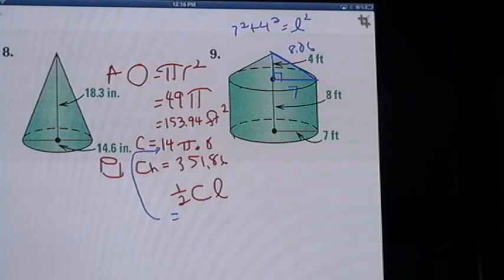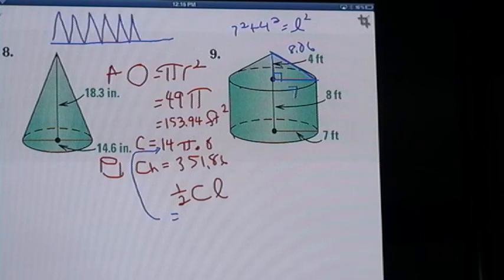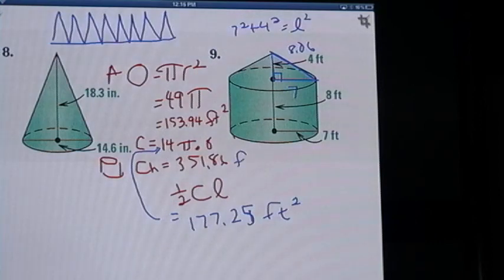And that's because when you stretch out that cone, it's going to be a bunch of small triangles like that when you pull it apart because it's curved. And that's why it's 1/2. So we have 177.25, sorry, it's 248, so it'd be 25 when you round it, and that's going to be in feet squared. So everything is in feet squared.